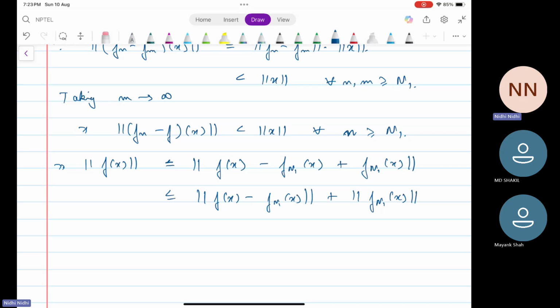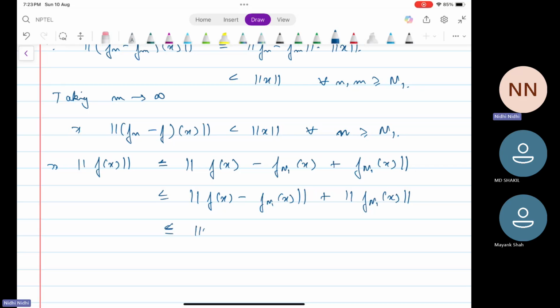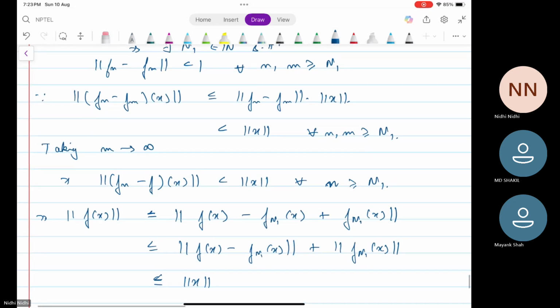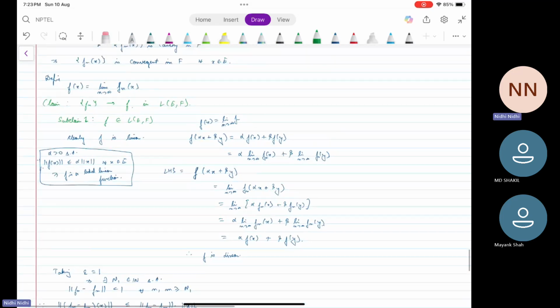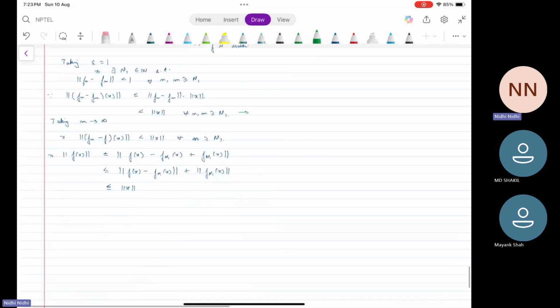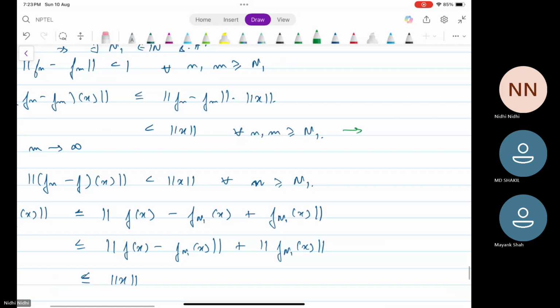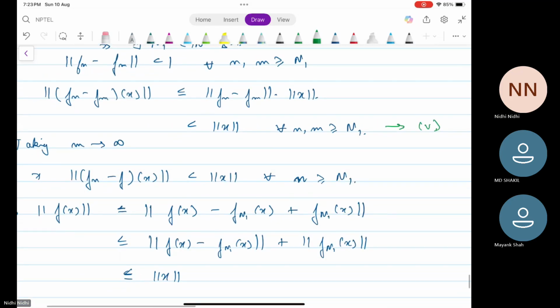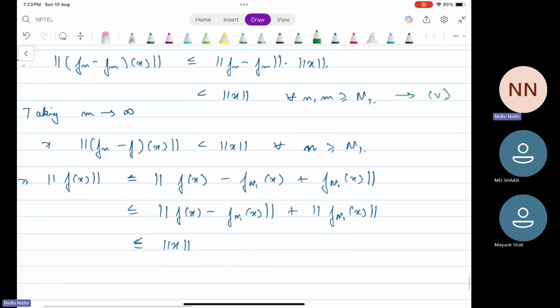Now this is less than or equal to norm x. This is by equation 4. So now this one is equation 5. So by equation 5, this is less than or equal to norm x plus the operator norm of Fn1 times norm x.